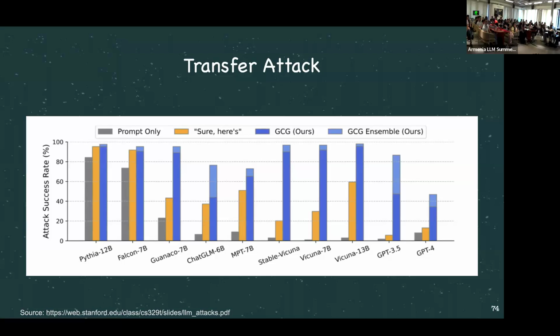You still are at a very low attack rate, meaning that on the whole data set, almost never does GPT agree to answer this question, and less than 5% or 7% of the time, if you ask them to start by sure, they will answer.